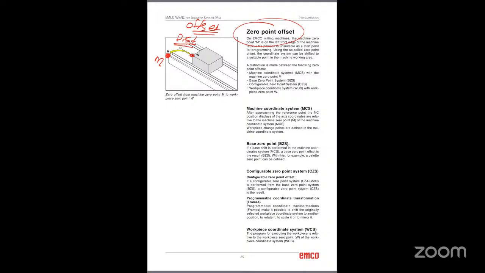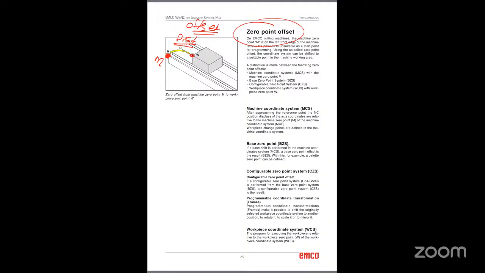Okay, so we should understand where the machine 0 point is. Machine 0 point will be the left front side of the machine table.